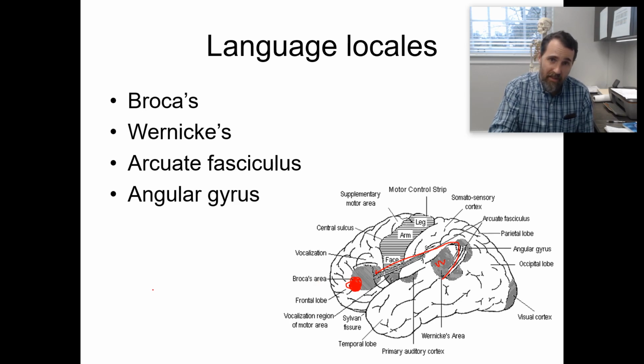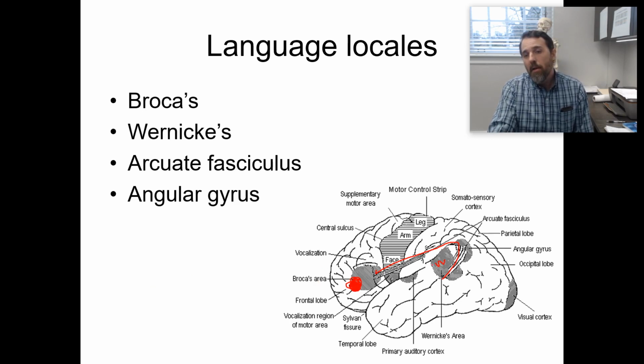He's going to have some expressive language deficits. But he's still going to be able to understand most of what is said to him because Wernicke's area is intact. And the arcuate fasciculus is still connecting Wernicke's area to Broca's area, so his repetition of what he hears is still going to be pretty good. This is transcortical motor aphasia.